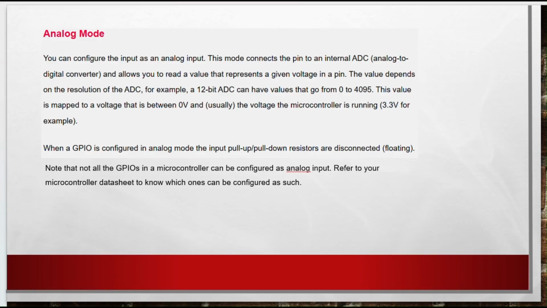This value is mapped to a voltage between 0 volts and usually 3.3 volts, which the microcontroller is running on. When a GPIO is configured in analog mode, the input pull-up and pull-down resistors are disconnected and floating. Note that not all GPIOs in a microcontroller can be configured as analog input. Refer to the microcontroller datasheet to know which ones can be configured as analog pins.